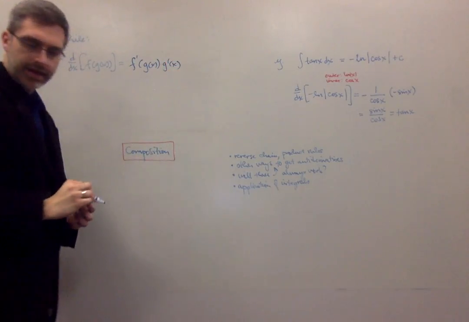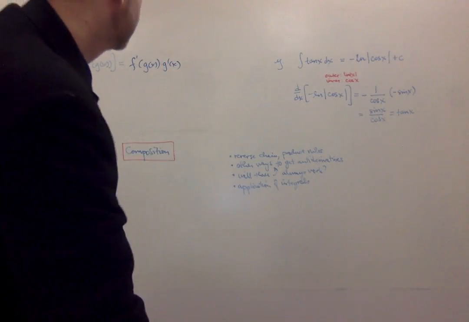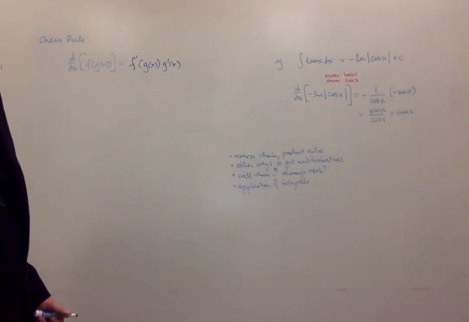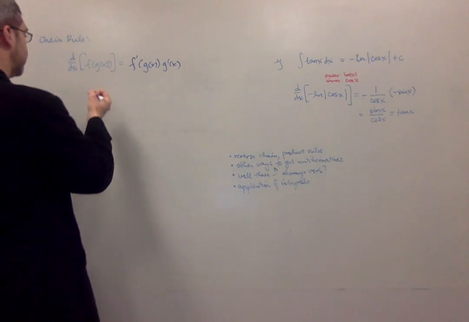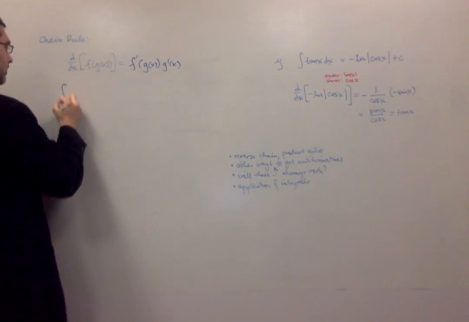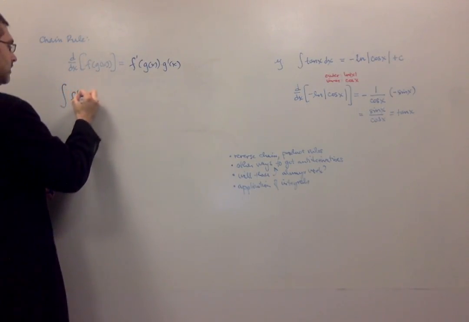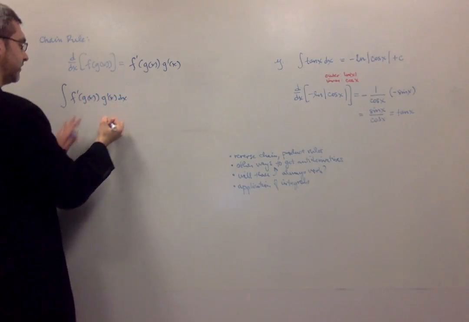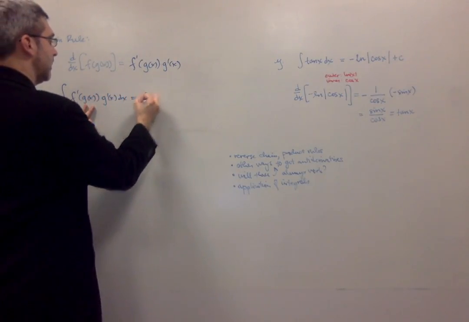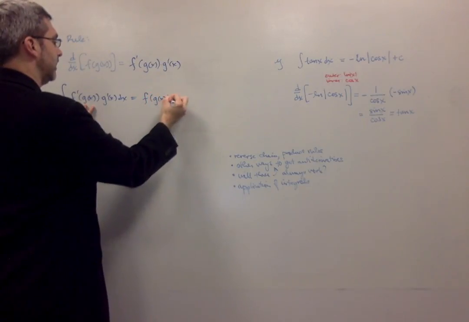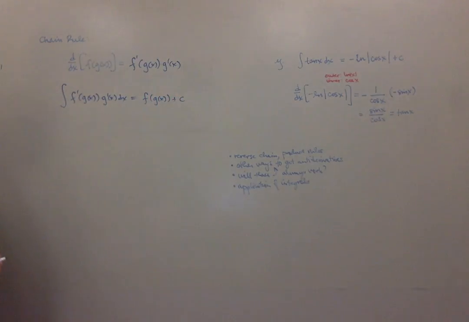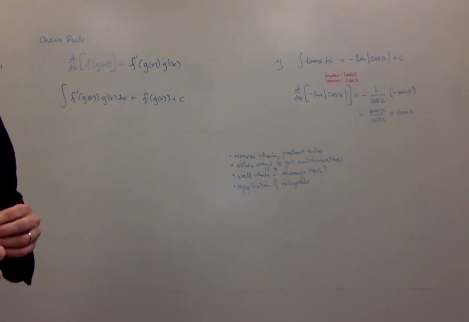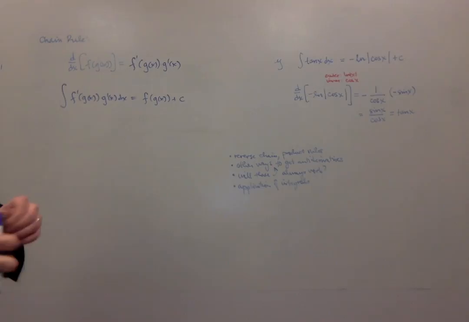And what that means is that if I reverse this, in other words, if I have something in this form, I know that the answer is f of g of x. The tricky part is, how do I figure out that something is in that form? So let me give you an example here.